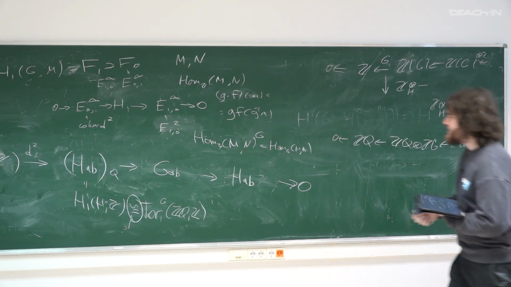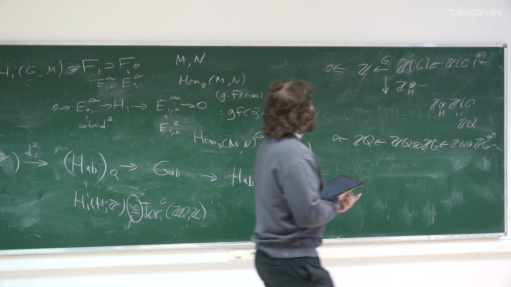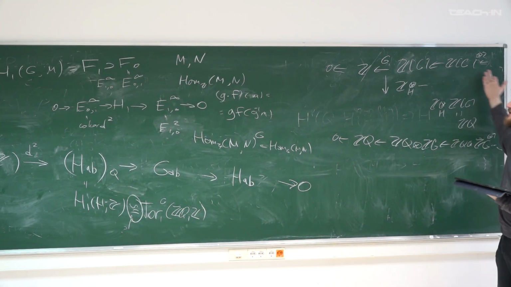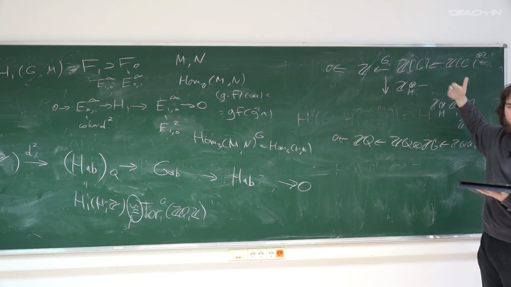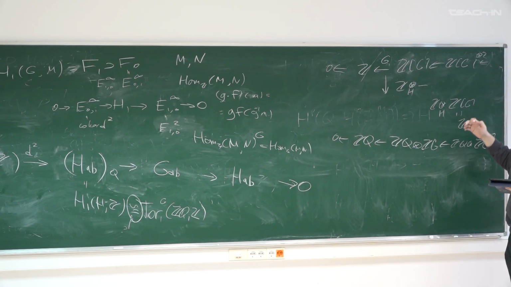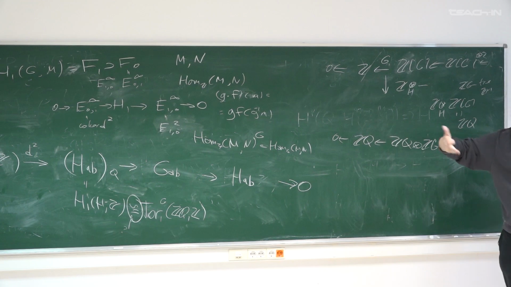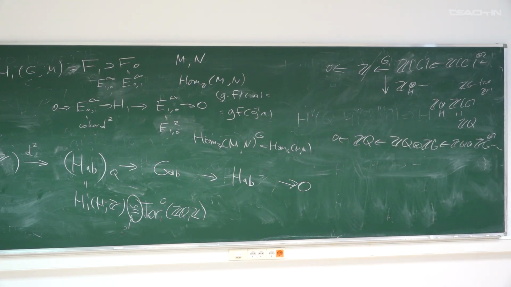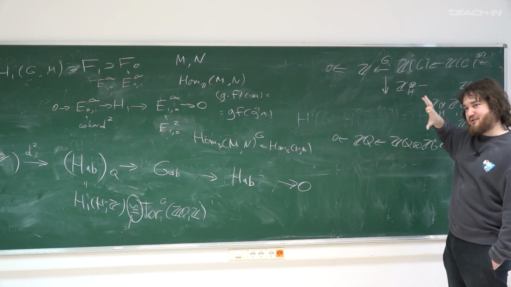In general, if you have a resolution, it's an exact sequence of G modules, but each ZG is also a free ZH module, as I said before. It's a sum of copies of ZG, and each ZG is a free ZH module. So it's also an H resolution. Yes, a G resolution is always an H resolution.